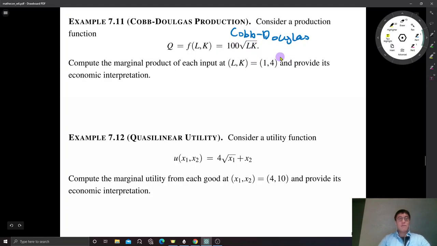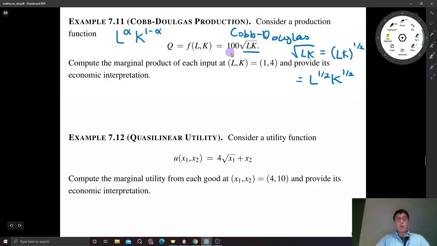A general form of Cobb-Douglas is L to the power alpha and K to the power 1 minus alpha. Okay? And this corresponds to the case when alpha is 1/2, because the square root of LK is LK raised to the power 1/2. So distributing the 1/2, we have L to the 1/2, K to the 1/2. Okay, so that is one example of Cobb-Douglas.